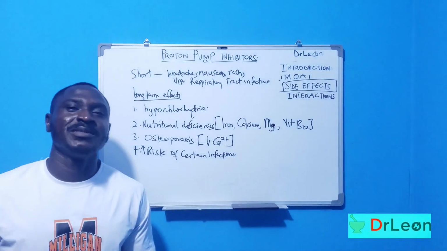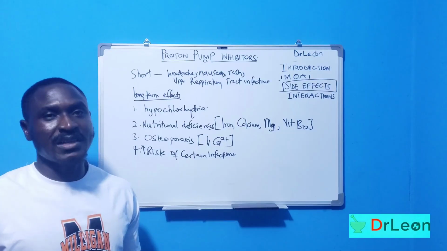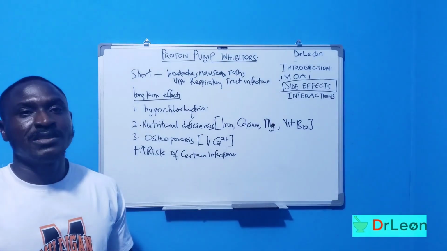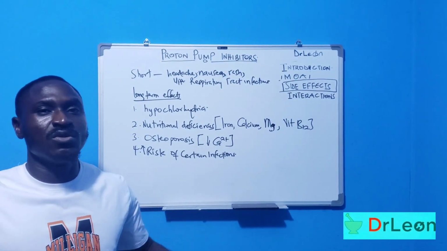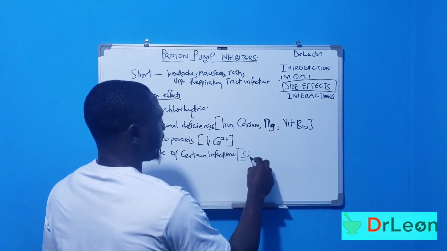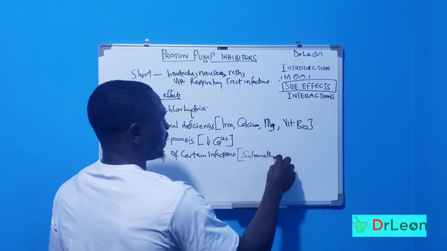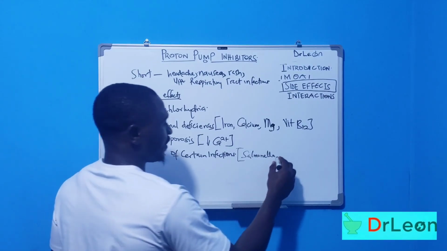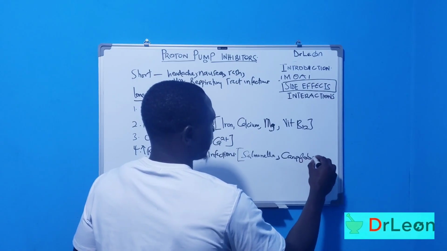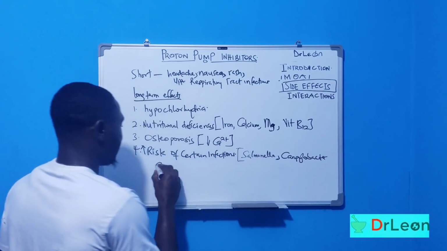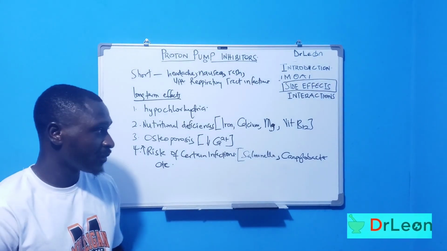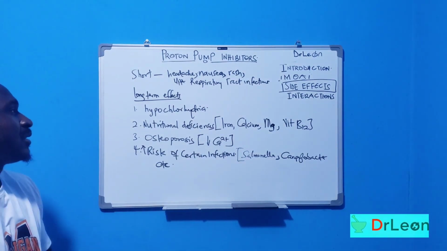Right now you are taking something that is suppressing the production of this acid for a long period of time. So some organisms may now grow. You may see some organisms like salmonella. So you tend to have salmonella infection, campylobacter, and so on. Most of these infections are enteric infections. So these are the long-term effects.